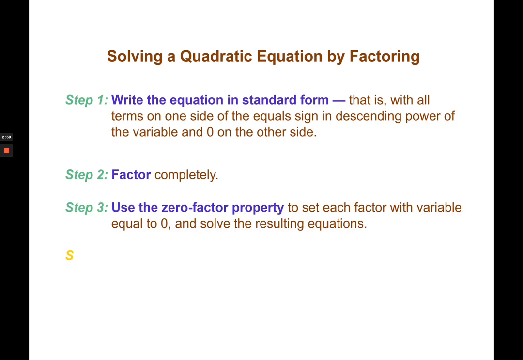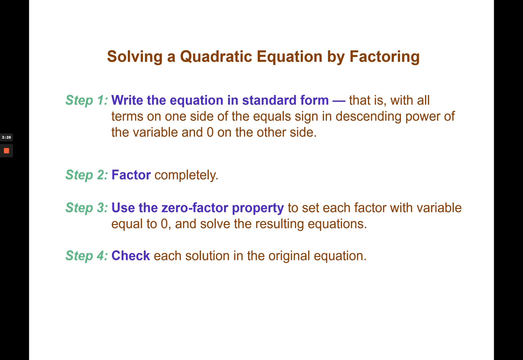Step 3, use the zero factor property to set each factor with a variable equal to 0, and then you should be able to find the solution. Step 4, you can also, of course, check if the value of your variable will make the equation true.